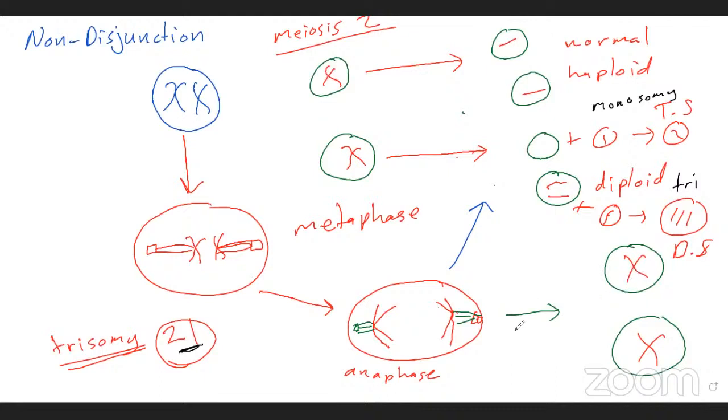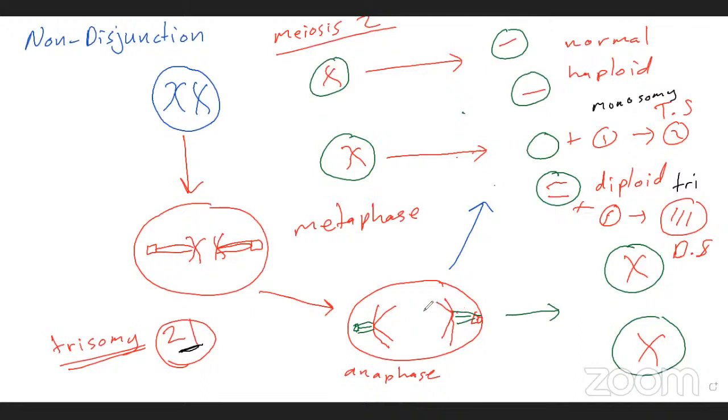The cell will divide, it's just that the chromosomes will not go to opposite parts of the cell. I will show the prophase, the metaphase. With anaphase, it comes out to one side. Do not pull them apart.